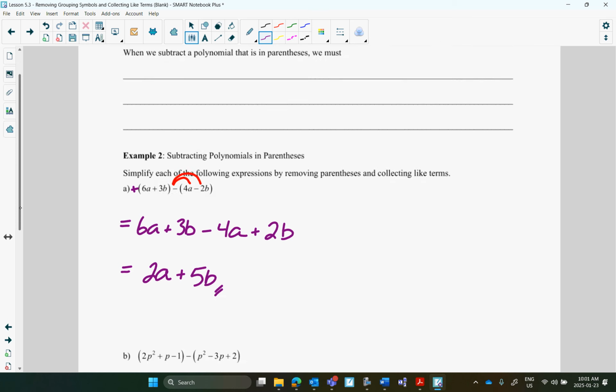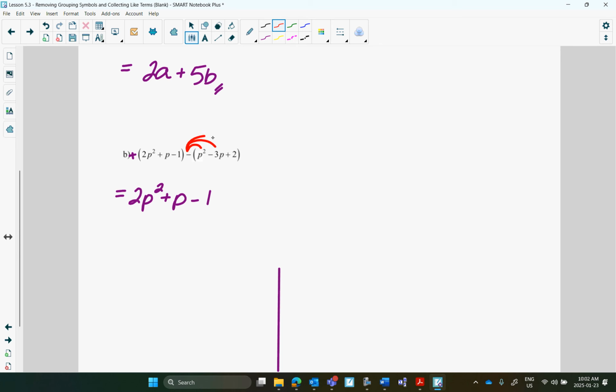B. Well, again, no sign in front of the first set of parentheses, so just take them out, nothing changes. However, because there's a subtraction in front of the second set of parentheses, all the signs are going to change.